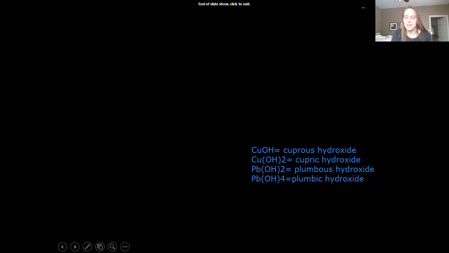With the one with the higher charge, the ending gets changed to -ic instead, so cupric hydroxide. With our lead hydroxides, again, the lower charge has the -ous ending, the higher charge has the -ic ending. We start with our Latin name plumbum, and then the lower charge ends up as plumbous hydroxide, the higher charge as plumbic hydroxide.